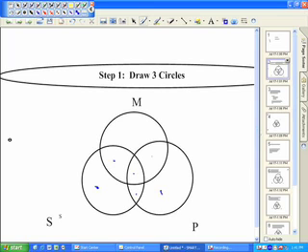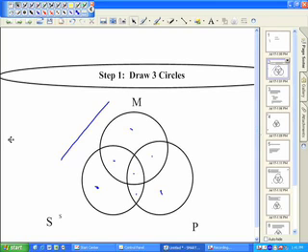This is the area that's M and P, but not S. And this is the area that's M, but neither S nor P. And finally, outside, we have the area that's none of the 3 things. Now, of course, in categorical syllogism, we're not going to worry about that last area, but I thought I would point it out.